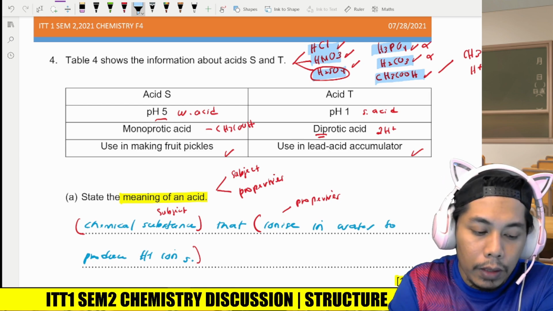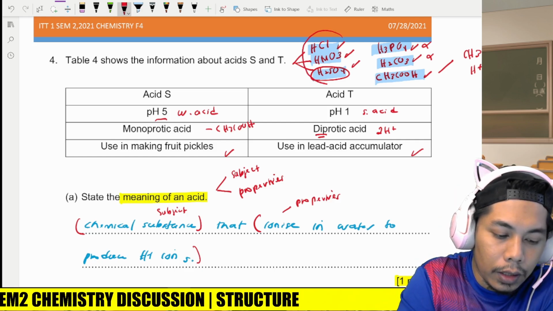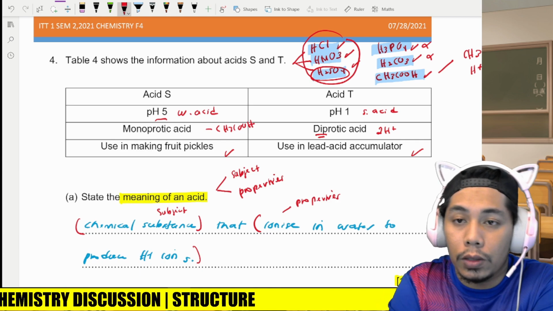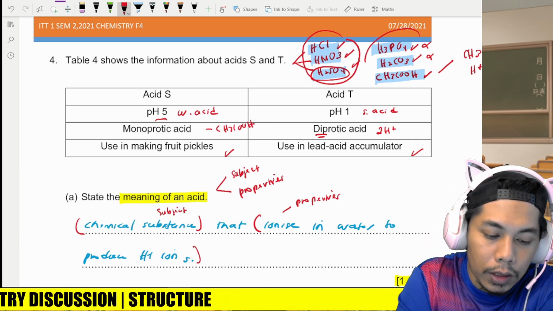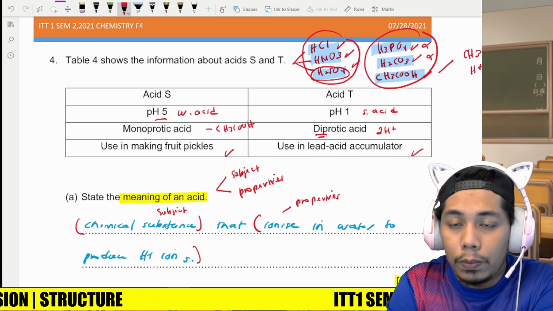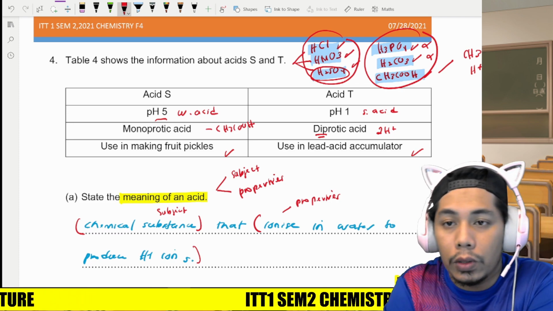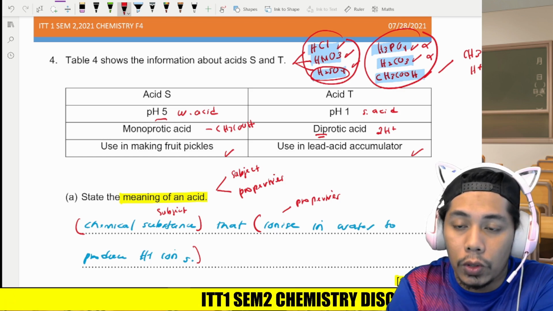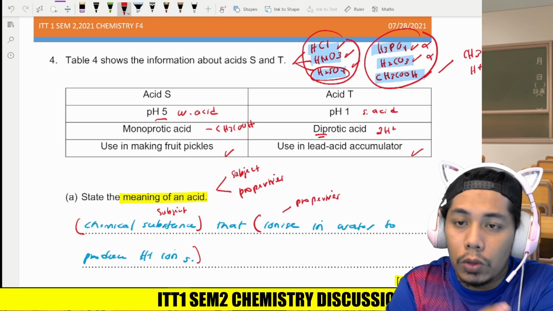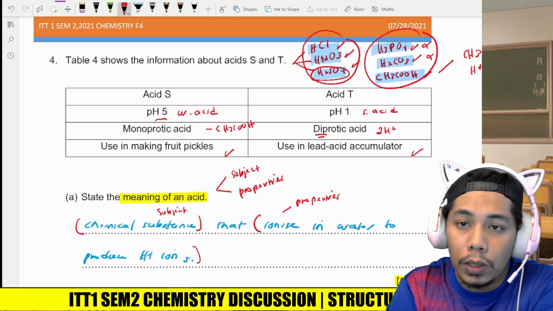Di mana yang sebelah kiri ni, HCl, HNO3, H2SO4 adalah strong acid dan yang sebelah kanan ni adalah weak acid. So kamu kena ingat, walaupun dia ada 3 hidrogen dekat phosphoric acid, ada 2 hidrogen dekat carbonic acid, tak semestinya dia adalah strong acid. So monoprotic dan diprotic ini tak menentukan dia ni strong acid ataupun weak acid.